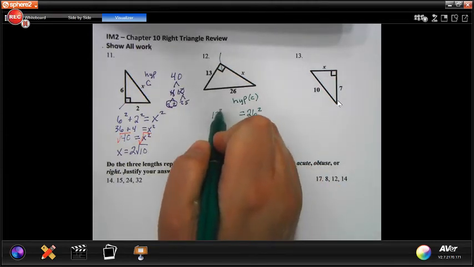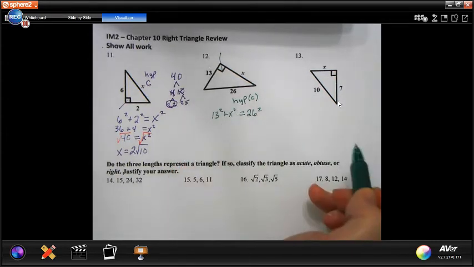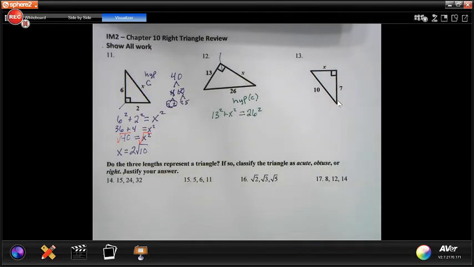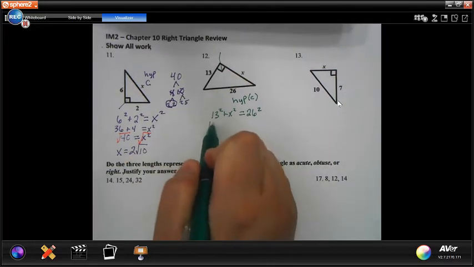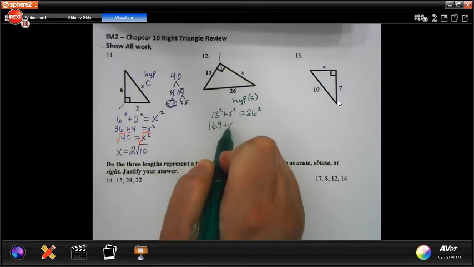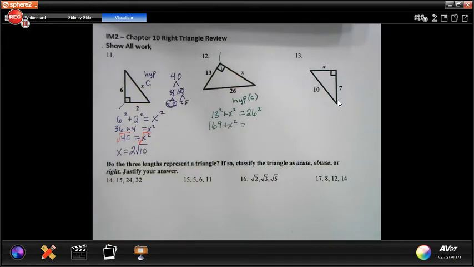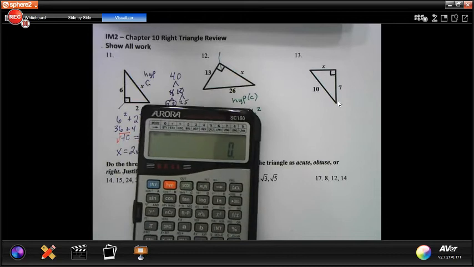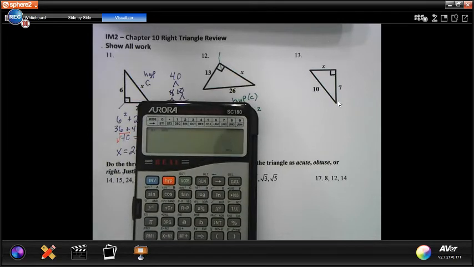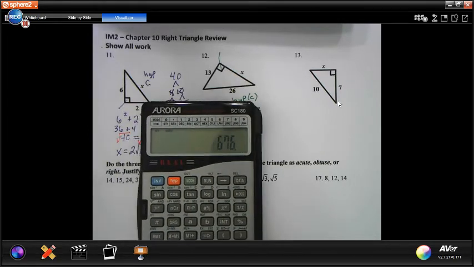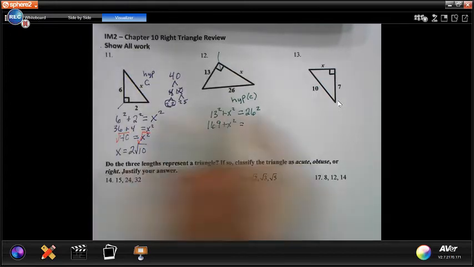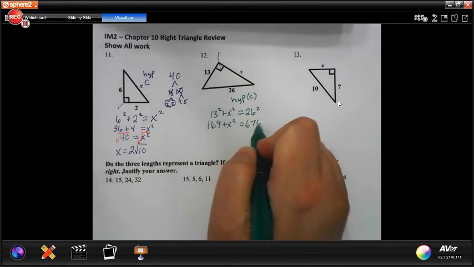So 13 squared plus x squared. 13 squared is 169 plus x squared equals, and we need to figure out what 26 squared is. So 26 times 26 is 676.